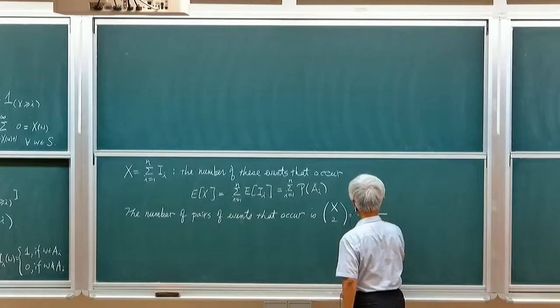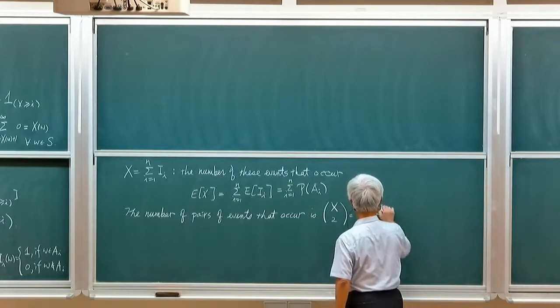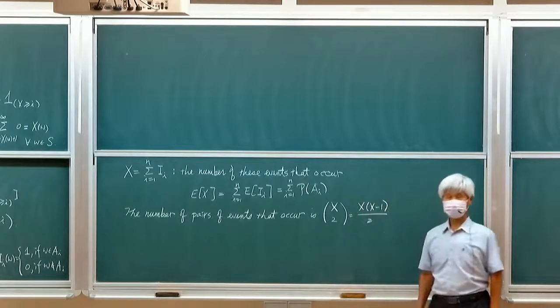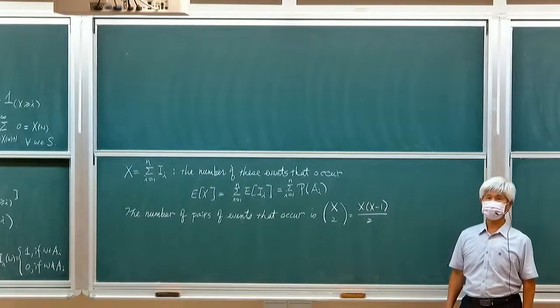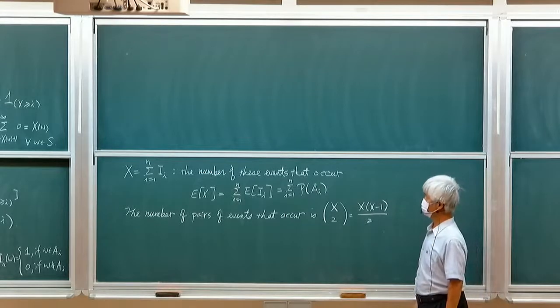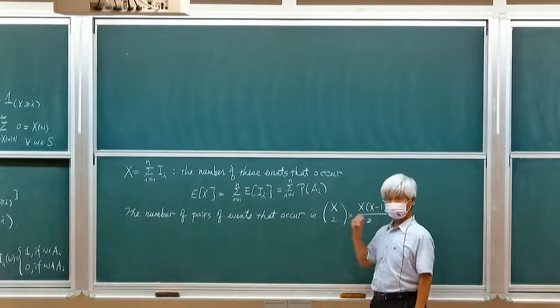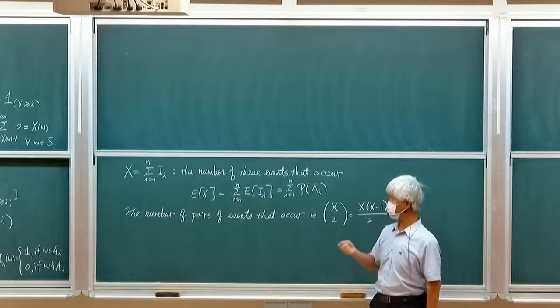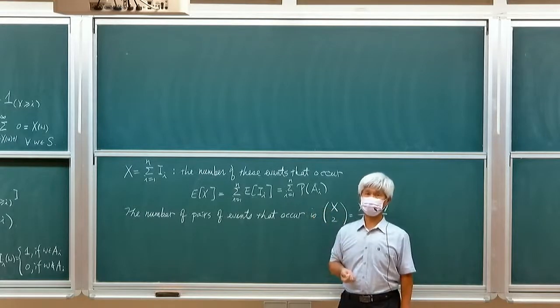This number, of course, is a random variable. Why? Because it depends on the outcome omega.